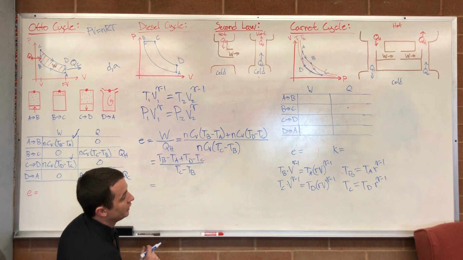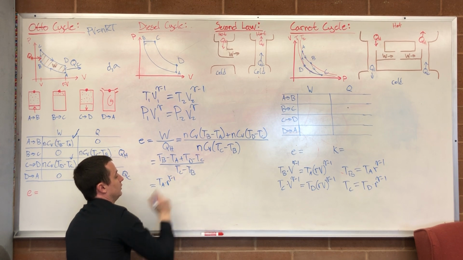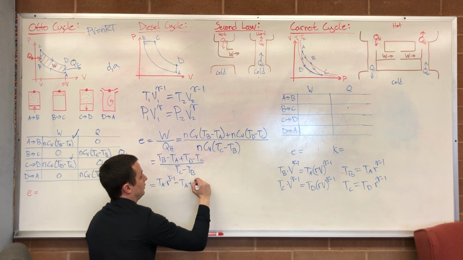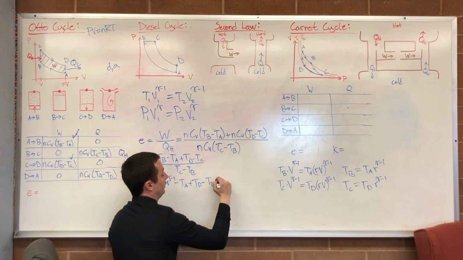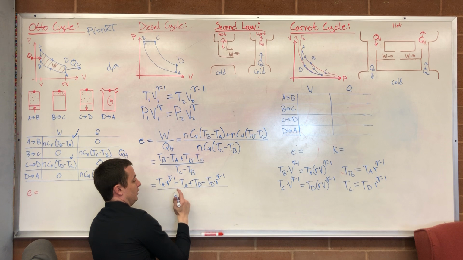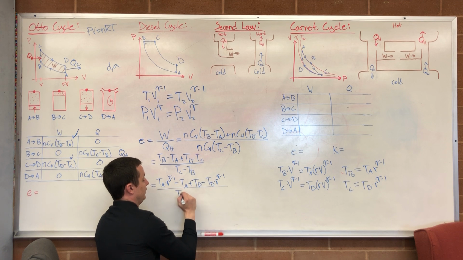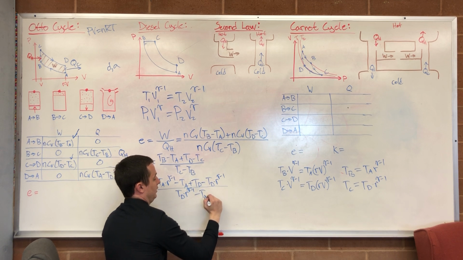So this is now equal to, TB is the same thing as TA times r to the gamma minus 1, and we have minus TA plus TD, that's one we're keeping, minus TC, which is the same thing as TD times r to the gamma minus 1, all over TD times r to the gamma minus 1 minus TA times r to the gamma minus 1.